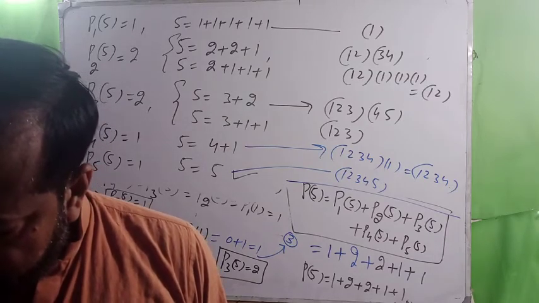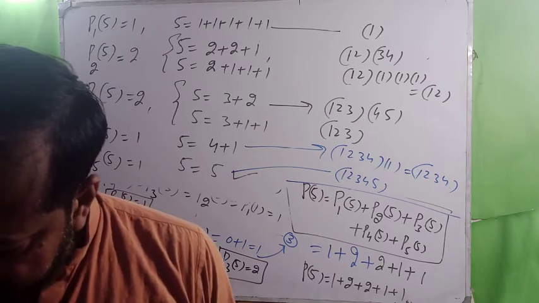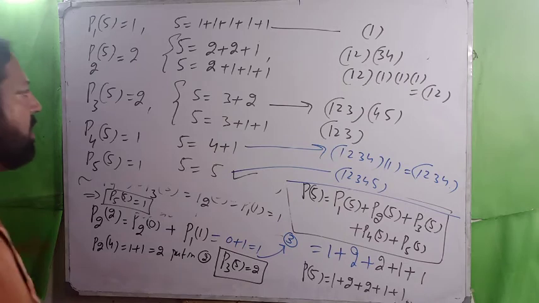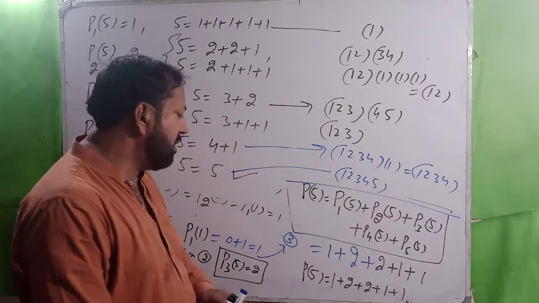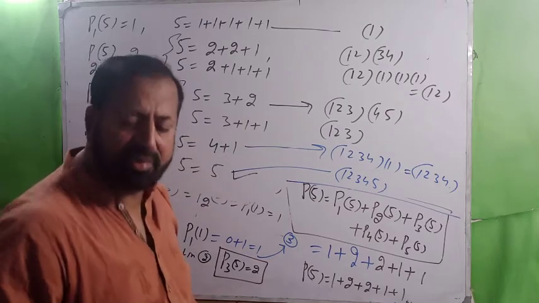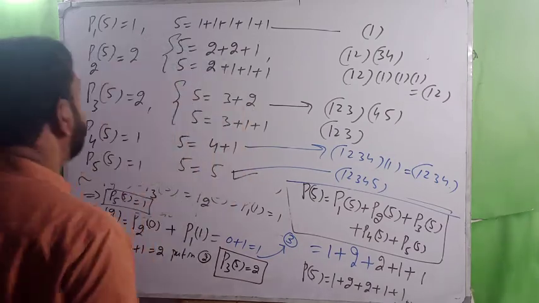Now we can find the number of conjugacy classes in this way. So there are 7 conjugacy classes. P5 is equal to 7. If P5 is equal to 7, then there are 7 conjugacy classes in S5.